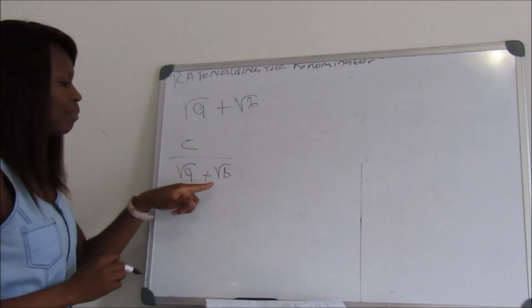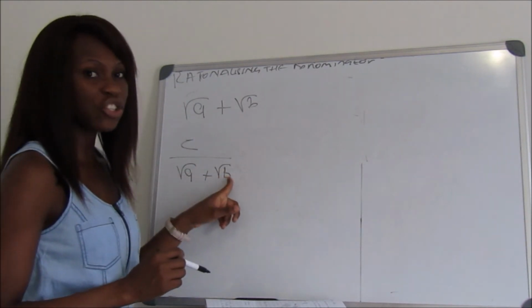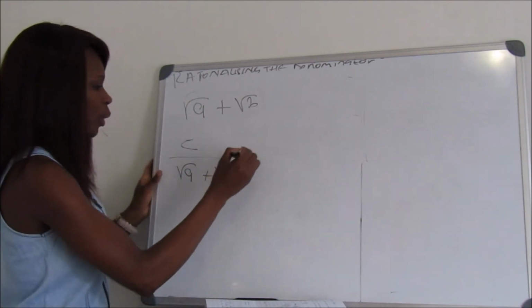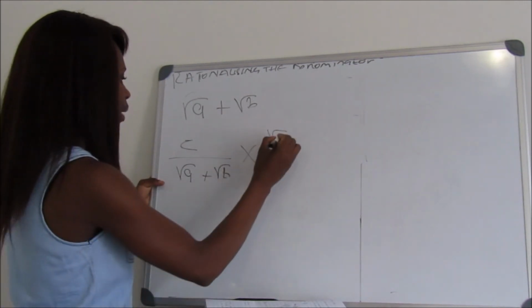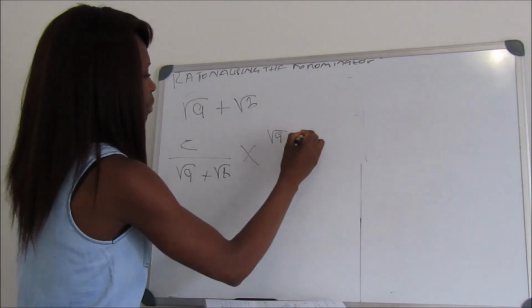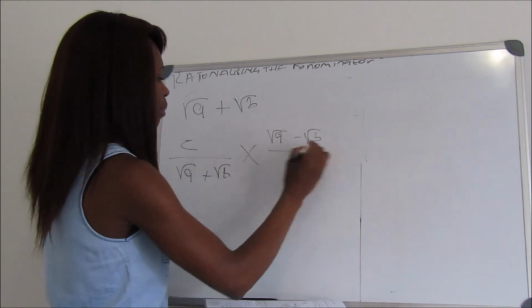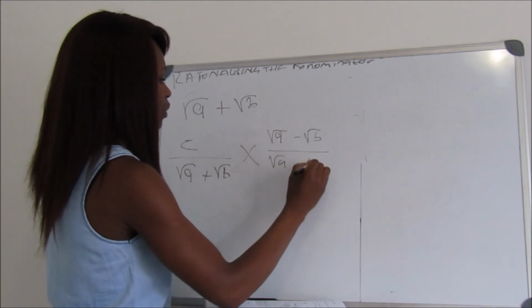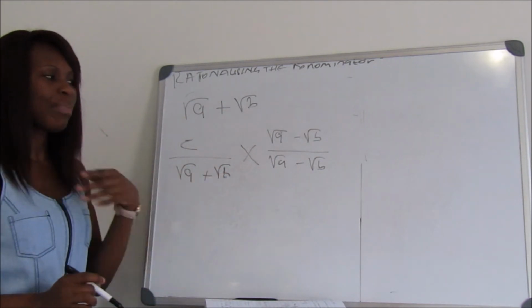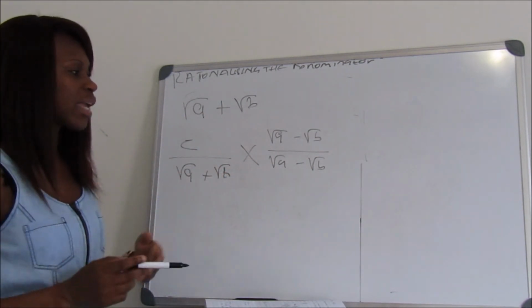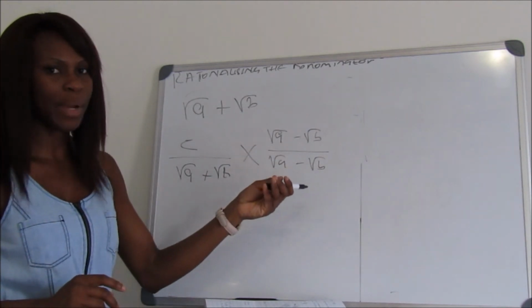Now the square root of a plus the square root of b is an irrational number. What we have to do with expressions like this is multiply the numerator and the denominator by the square root of a minus the square root of b, divided by the square root of a minus the square root of b. We have added something into the expression, but it doesn't make much of a difference because we just multiply by 1.